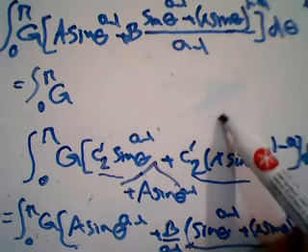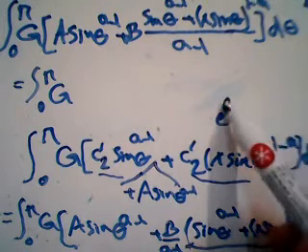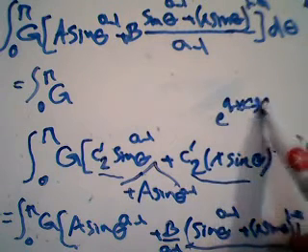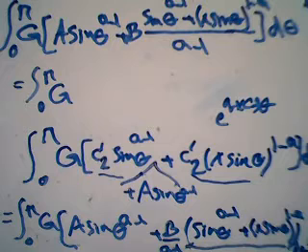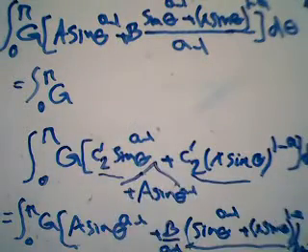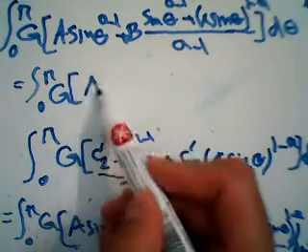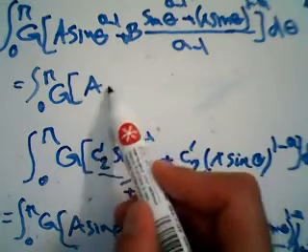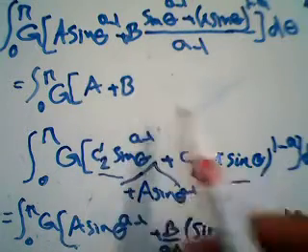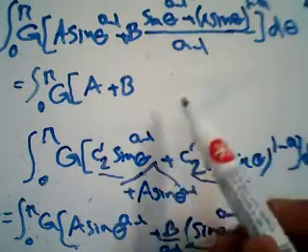G was into the qx cosine theta. Doesn't contain A. So the limit of G will be G itself times A times 1 plus B times the limit of this one.